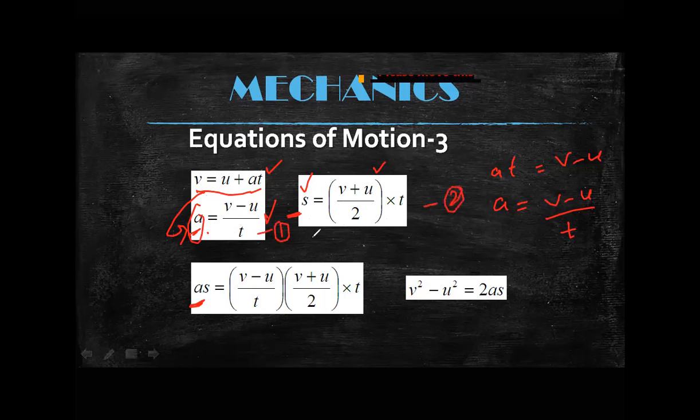When you multiply, the left hand side becomes a into s, as. On the right side, the quantities are (v minus u) by t from here, and (v plus u) by 2 into t from this.